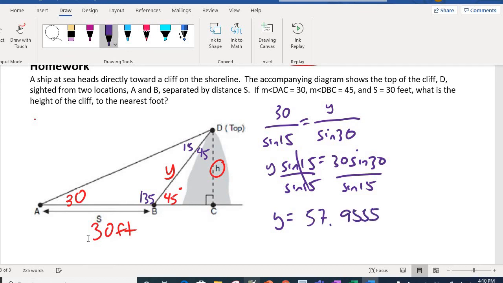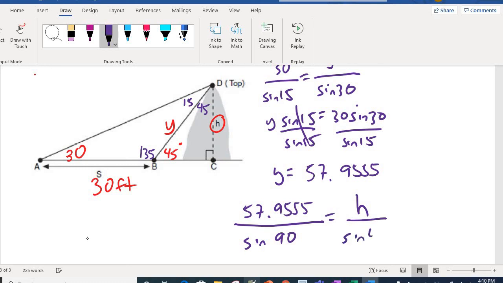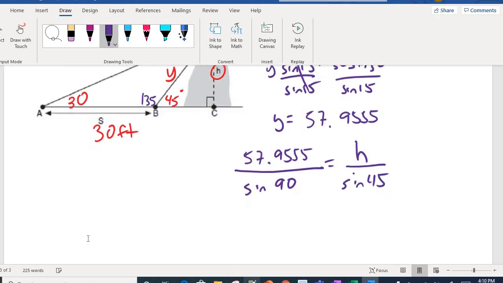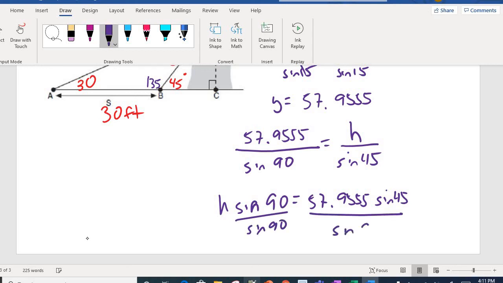We'll do that again now. So let's take that 57 number. 57.9555 over the sine of 90. All right, and then H is what we want to find, and that's across from the 45. We'll cross multiply again. H sine 90 is equal to 57.9555 sine 45. We'll divide by the sine of 90.